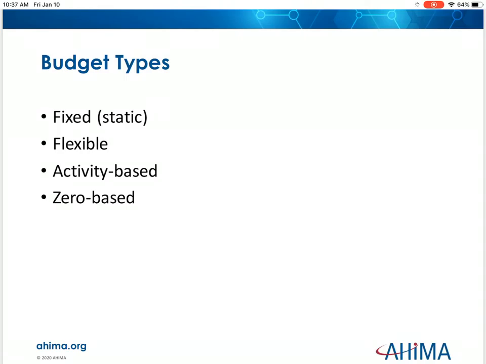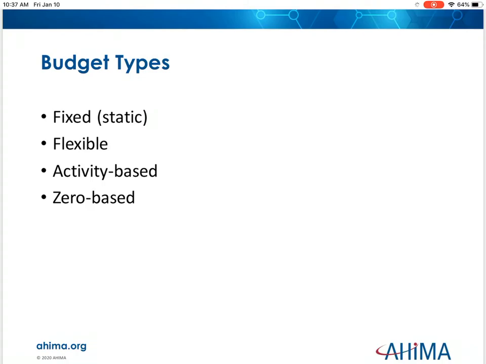Now, flexible budgets are way more time consuming to prepare. And each level of volume must be calculated and planned for. Flexible budgeting does lead to fewer budget variances and allows an organization to respond more efficiently to large fluctuations in volumes. All right, our next type of budget is an activity-based budget.